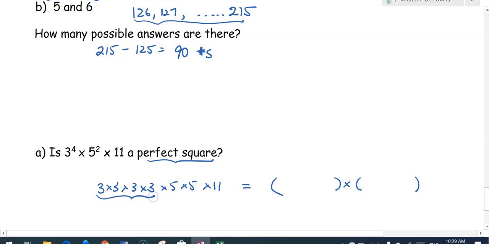I have 4 3s, so I can do that. I can put 2 of them in each group. I have 2 5s. Oh, I can do that. I can put 1 in each group. But I only have 1 11. So I can't break that into 2 equal groups. So since there's only 1 11, it is not a perfect square, right? If I put 11 to the power of 2, in other words, if I multiplied this number by 11, it would become a perfect square.